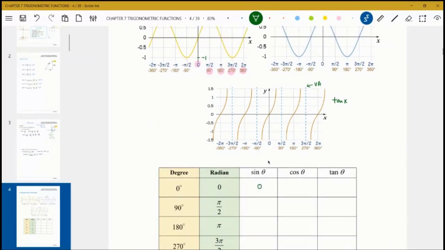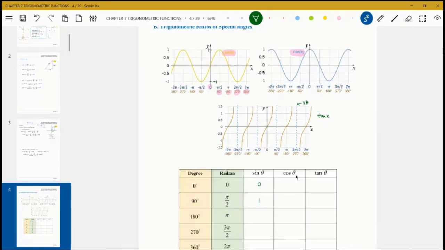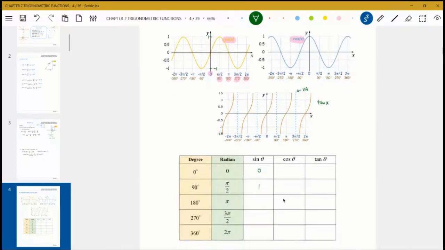Sin 90 degree adalah positive 1. And then sine 180 adalah 0. And then sine 270, which is -1. And then 360 is here, is 0. Okay, so ini.